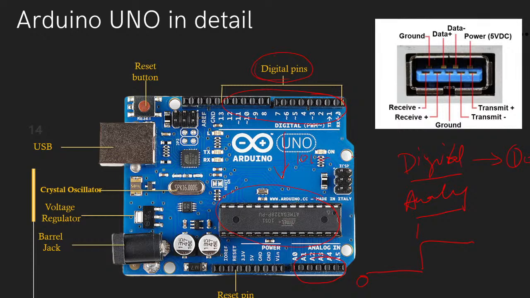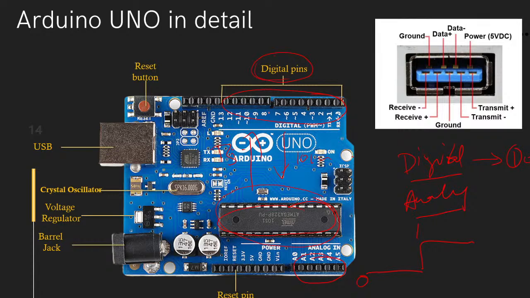And whatever data comes from the microcontroller after processing, the output will also be in binary form. So digital pins are used for both input and output. These are programmable pins. You can program them using Arduino. You can turn these pins on, turn them off, set them to a high state or a low state, entirely using programming. So digital pins are used for both input and output.